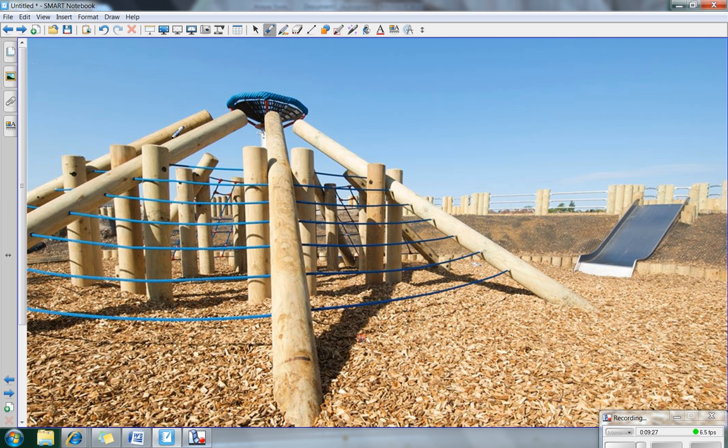Here's another picture of a playground. This is a good example of skew over here. If you look at the bar over there, compared to this post here, these are skew. They would cross if they're at the same spot, but because this one is on a plane way over here, and this one's going up and down way over here, they're skew.